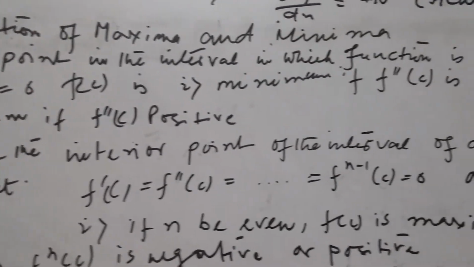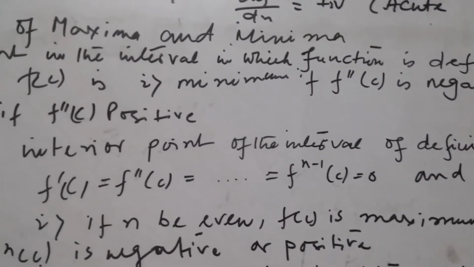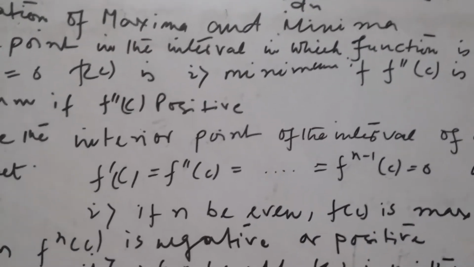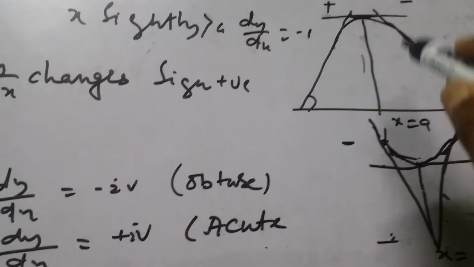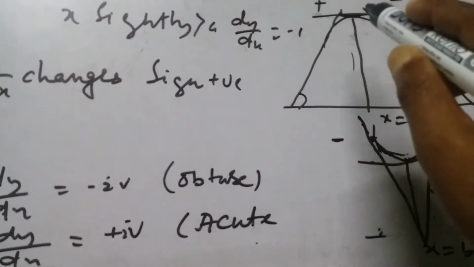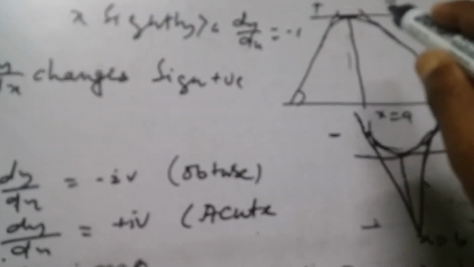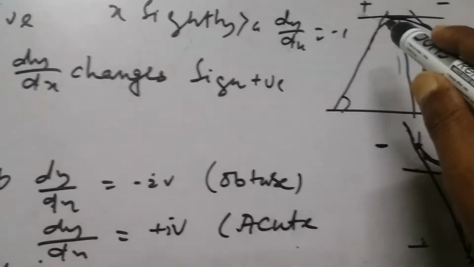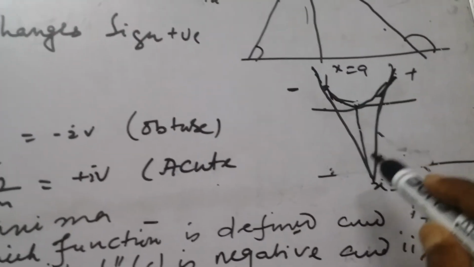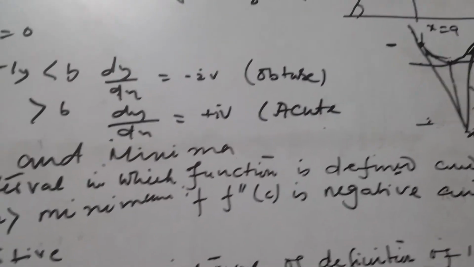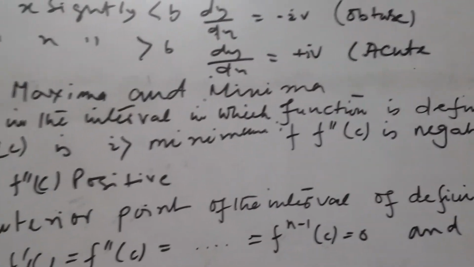Okay, f(c) is maximum if f double dash x is negative, and f(c) is minimum when f double dash x is positive.